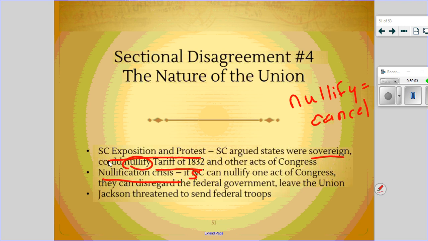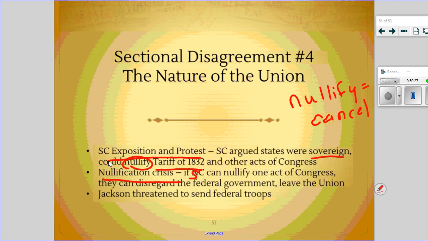Guys, if South Carolina can do this, then we basically might as well rip the Constitution up and throw it out of the window and go back to the Articles of Confederation. Remember in our earlier lecture, I told you the reason we got rid of the Articles was because we needed a government that bound us together as a nation. If South Carolina can do this, we don't have a nation.